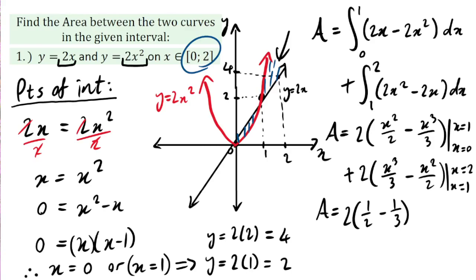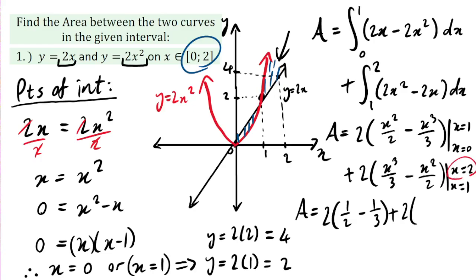And then we're going to add this with the other part. Let me just move this a little bit to the side because I'm running out of space here. We're going to have 2 into, and here we need to consider both x equals 2 and x equals 1. So we're going to do the substitutions. It'll be 8 over 3 minus 4 over 2.